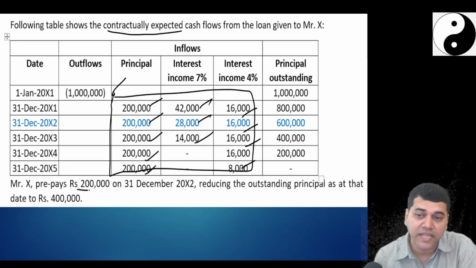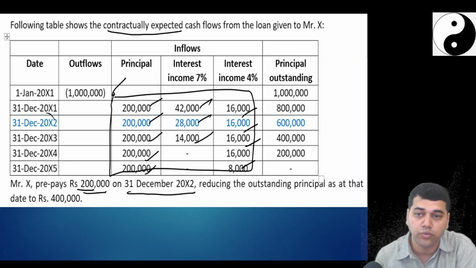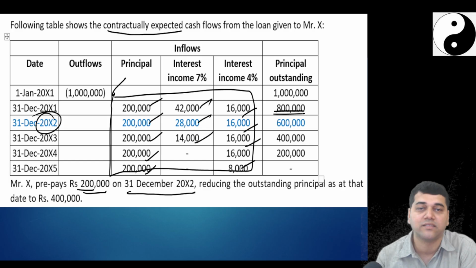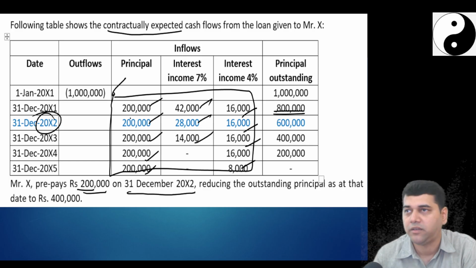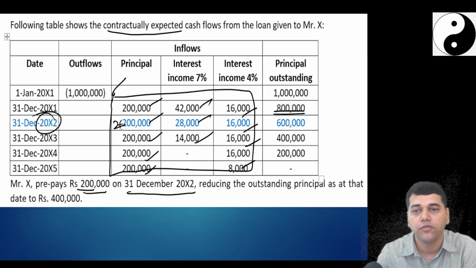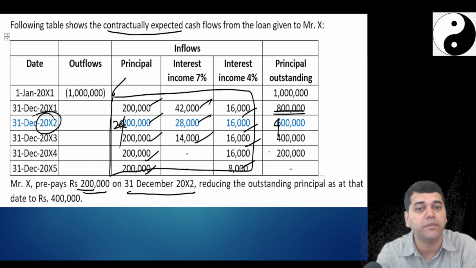Now, what happened? Mr. X prepays 2 lakh on 31st December 2002, reducing the outstanding principal. See how much he had? He had 8 lakhs. He was supposed to pay 2 lakh, but he pays 2 plus 2, 4 lakh. Because of this, instead of 6 lakh, the outstanding becomes only 4 lakh.